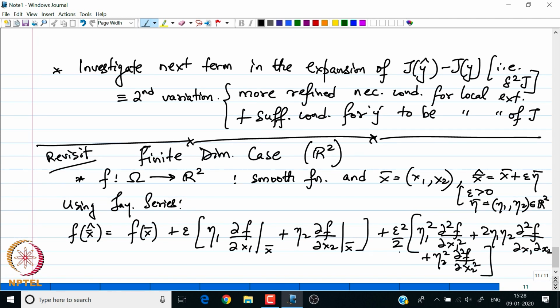These are all my second derivative terms, order epsilon square, plus order epsilon cube terms, which we ignore.